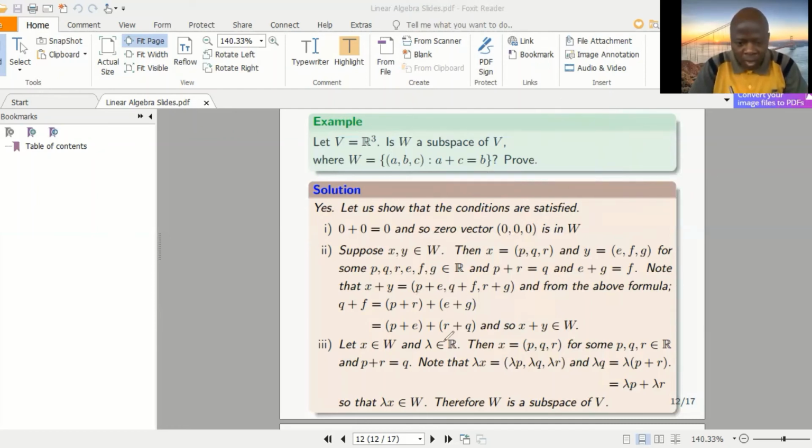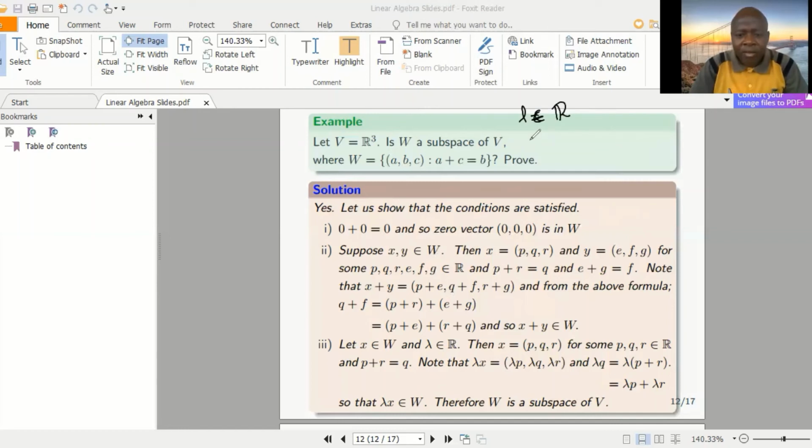You can go through the workings here again. What I've just been explaining is what I've done here. I now want to show the last condition. I choose a scalar lambda in the real numbers.